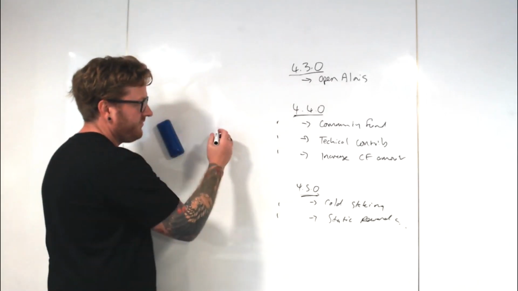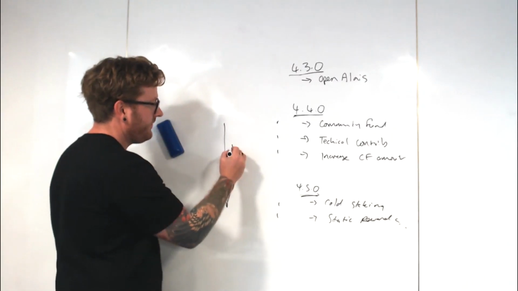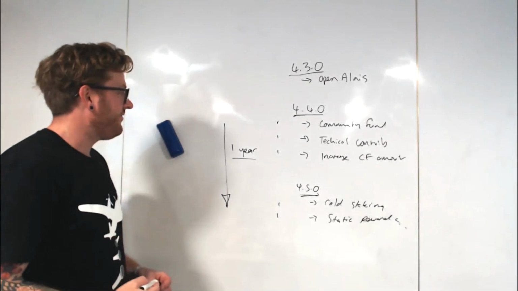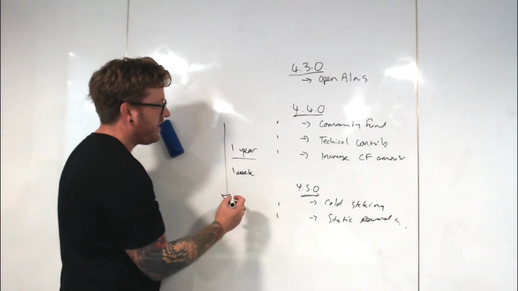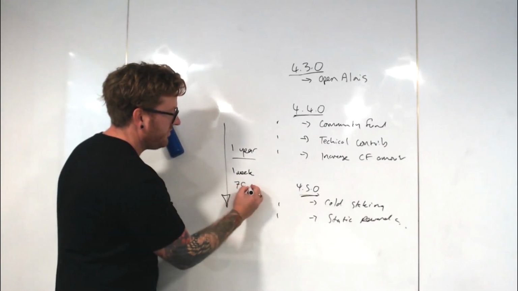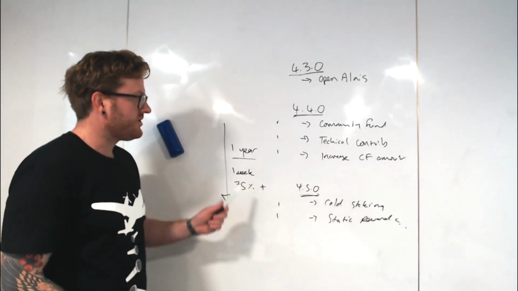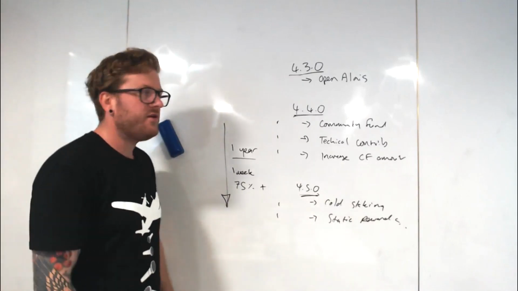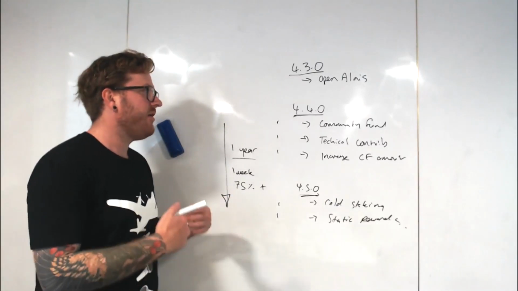The way that these soft forks are programmed is that they run for 1 year, and if during any 1 week period during this 1 year, 75% or more of the blocks signal for any of these upgrades, they become locked in, and then 1 week later they are live on the network.